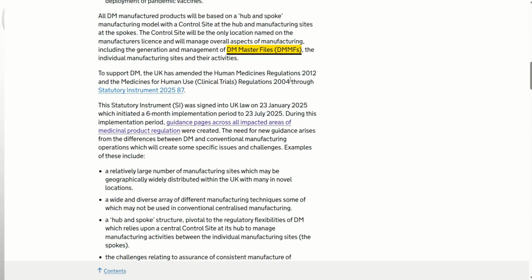These two regulations originally derived from the directives, I think 2001/83/EC, and the clinical trials directive. Obviously the UK didn't participate in the EU Clinical Trials Regulation because it left the EU. But anyway, here's the statutory instrument that relates to this.